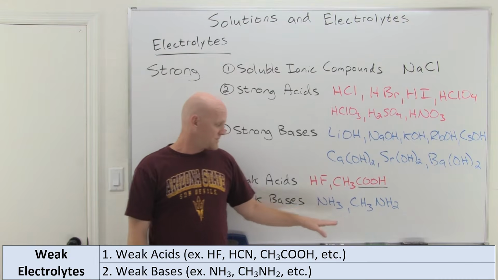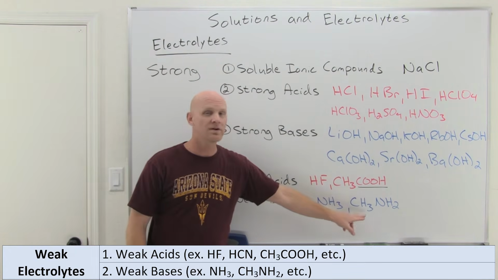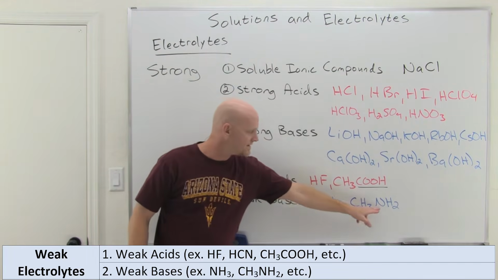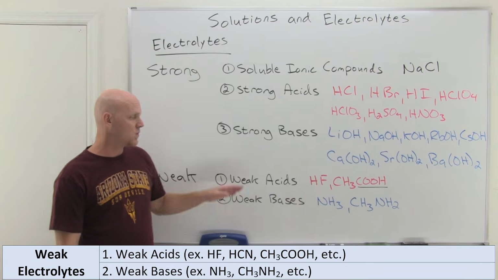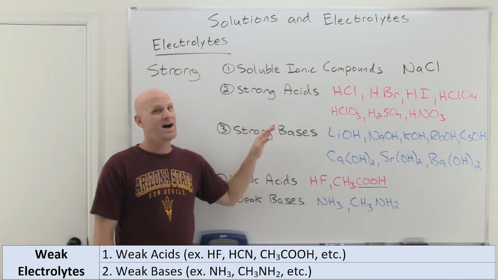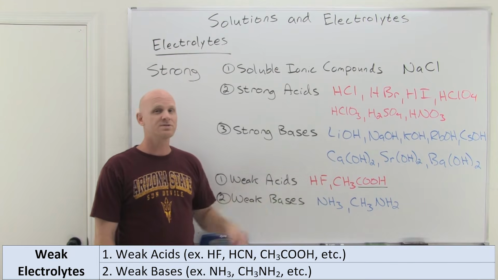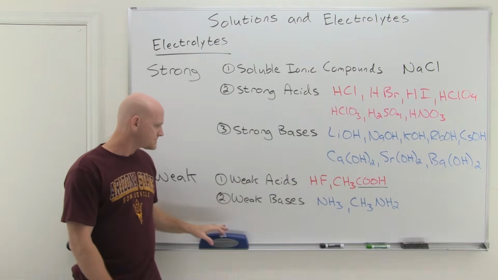And so typically the weak bases you're likely to encounter are going to either be ammonia or look somewhat similar to ammonia with a nitrogen. But it's not as easy for us to give you a whole bunch of weak bases to recognize like it is with the weak acids. The weak acids, I have dozens and dozens I can give you because you just have to know that it's an acid that wasn't on the strong acids list.